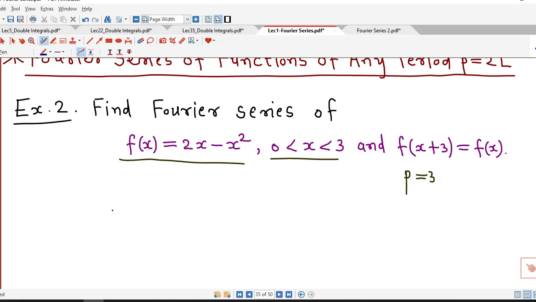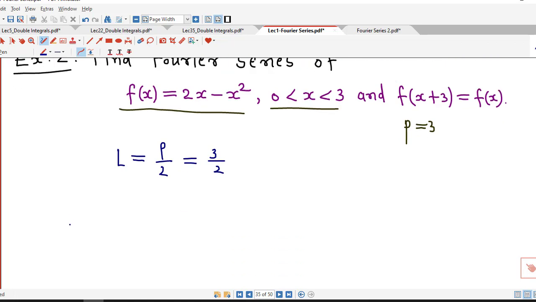Before that we find out the value of L, which is equal to period divided by 2, that is 3 by 2. L is half of the period, and first we find out Fourier coefficient A0, which is given by 1 divided by L integral of the function over the given interval.